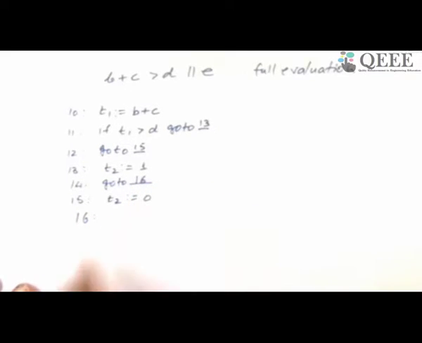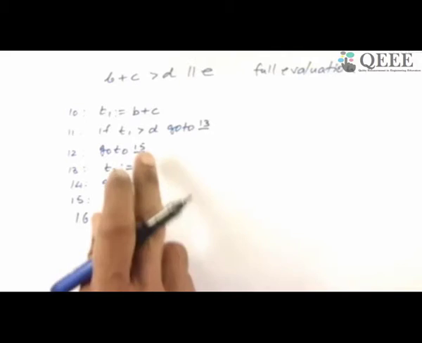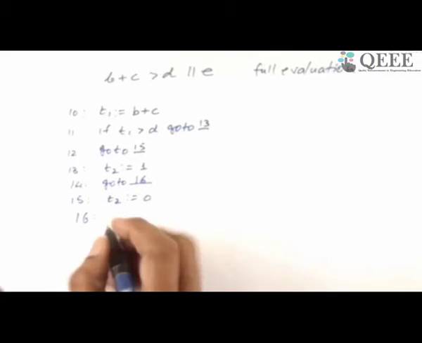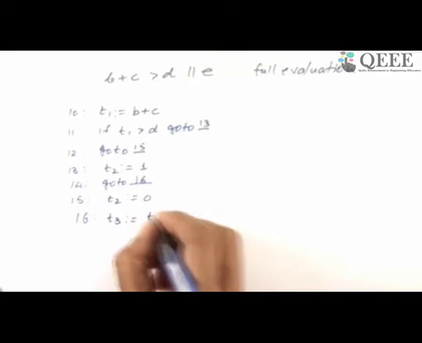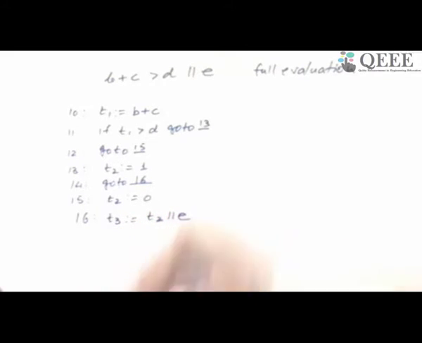So with so much pain, at this address 16, I have the value of T2, depending on whether the expression evaluates to true or false, it has the right value, 1 or 0. And then, since I'm doing full evaluation, I can write T3 equals T2 or E. I'm allowed to do this.